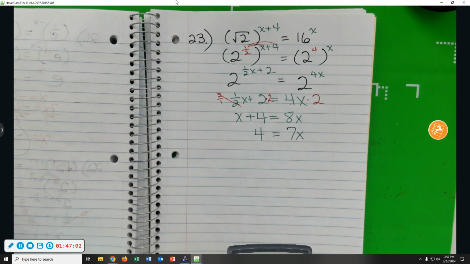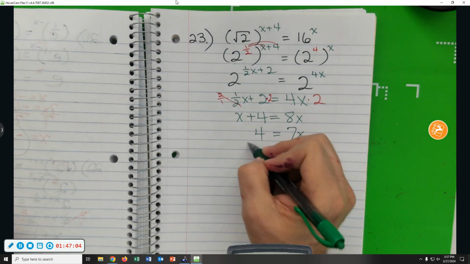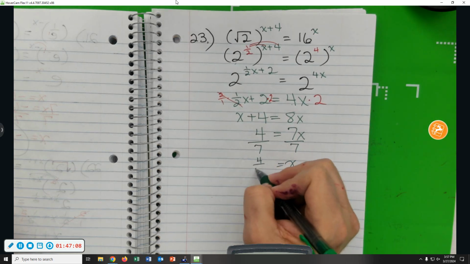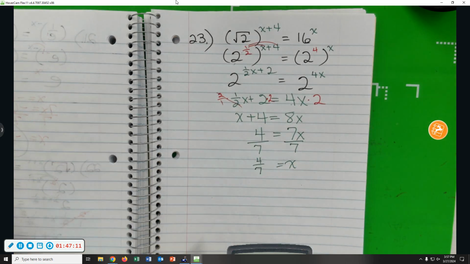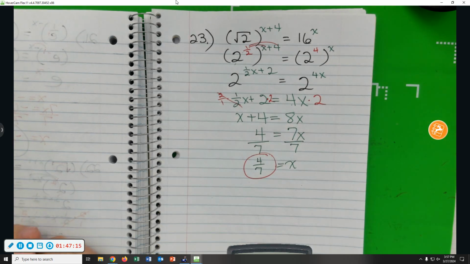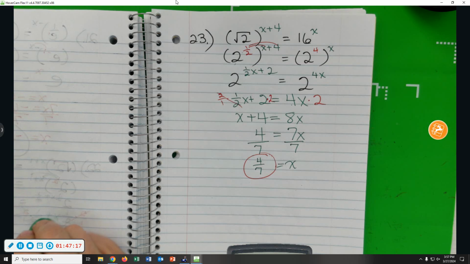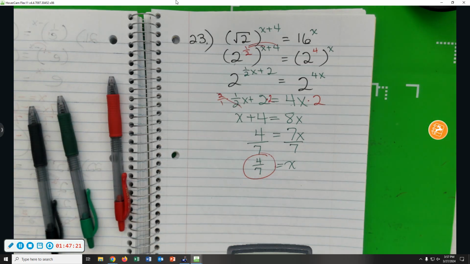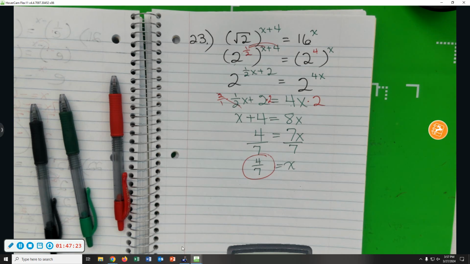And then divide by 7 to give us x equals 4 over 7 for my final answer. So 4 over 7.